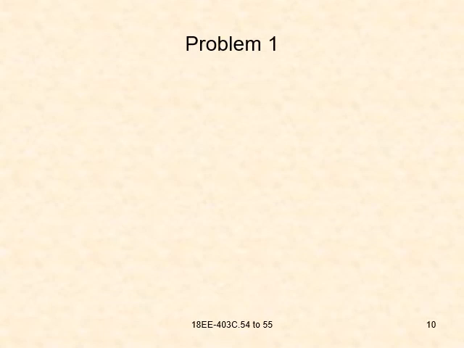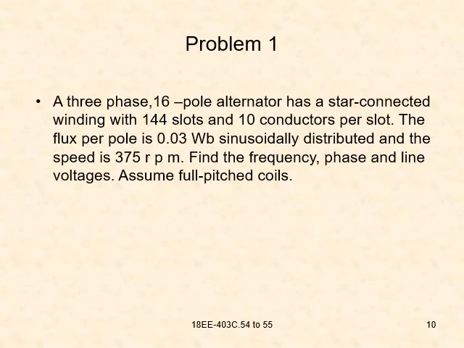Problem number 1. A three phase 16 pole alternator has a star connected winding with 144 slots and 10 conductors per slot.